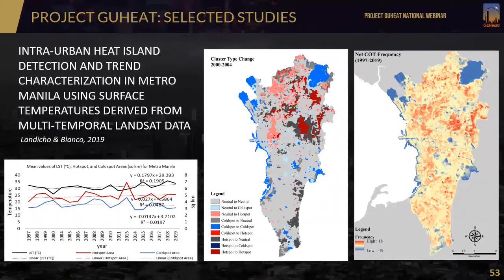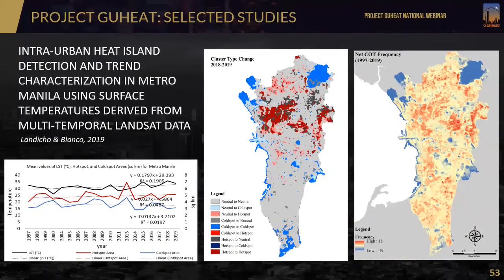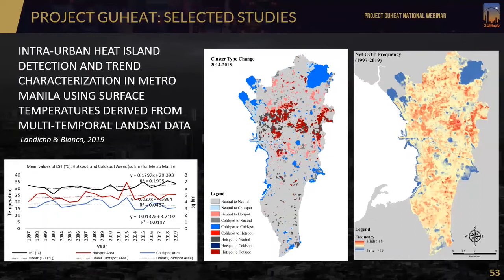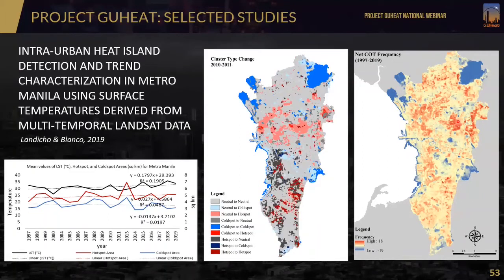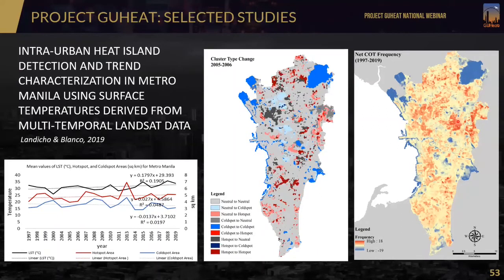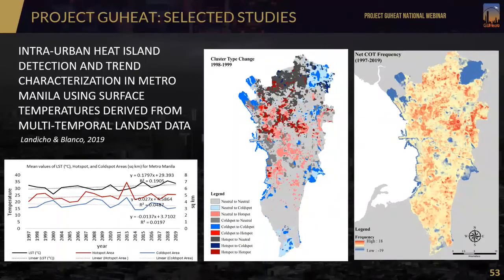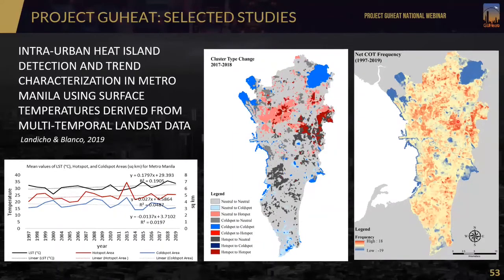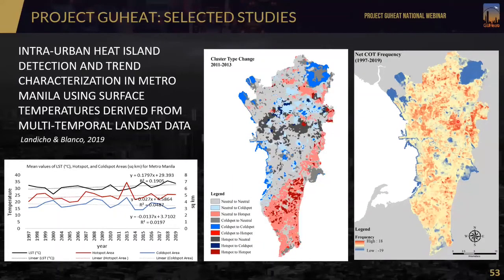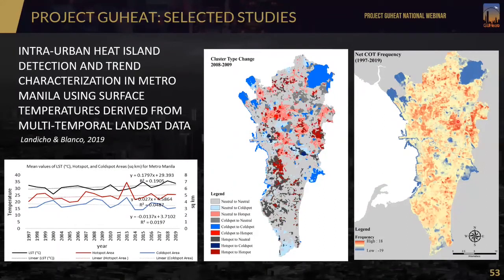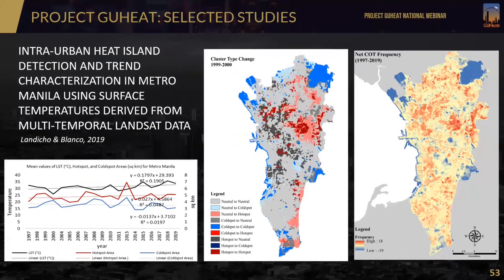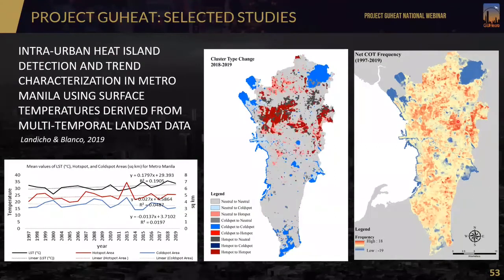What we are seeing here in the middle figure are some areas in red, showing transition or the hotspot areas or transition to hotspot areas. So we can see here the dynamics of these urban heat islands. In this case, the hotspots or the red areas and the pink areas would be those urban heat islands.